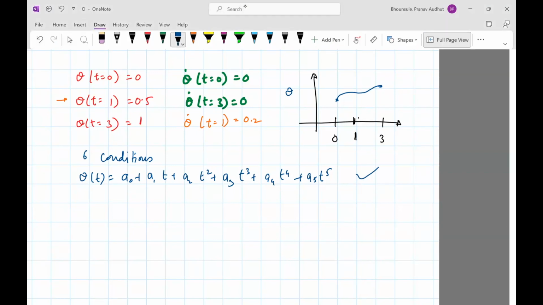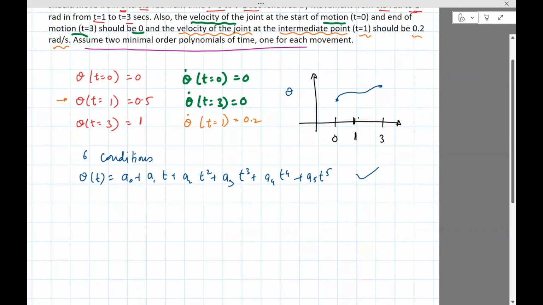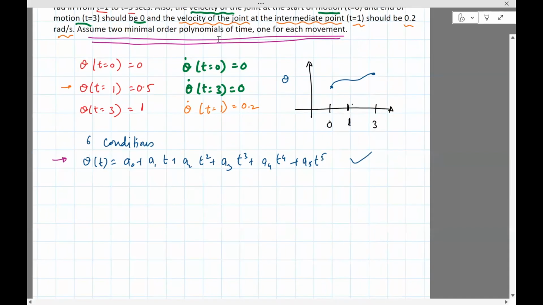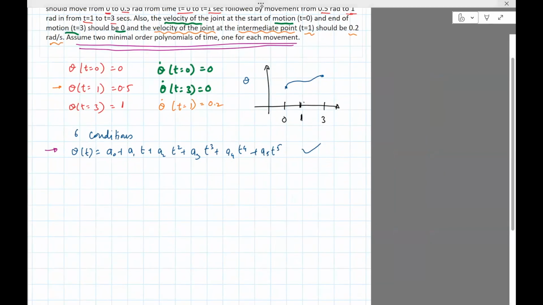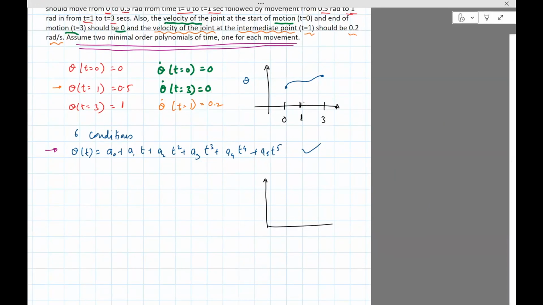However, if you go to the last statement I made here, that just says that you cannot do this. This is not what is asked. Don't take one single polynomial, but use 2 minimal order polynomials. What I mean by that is, instead of covering 0 to 3 with one polynomial, you want to do something like this.